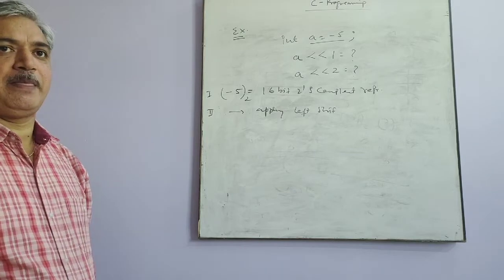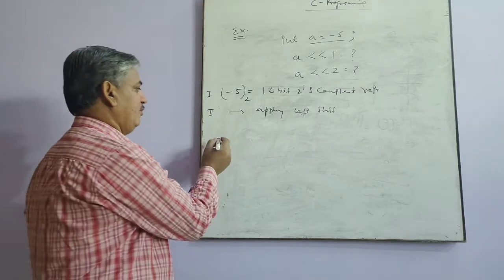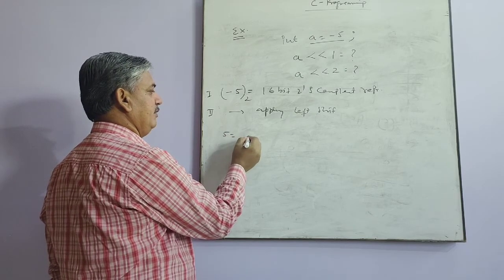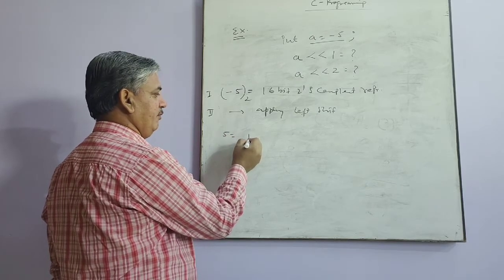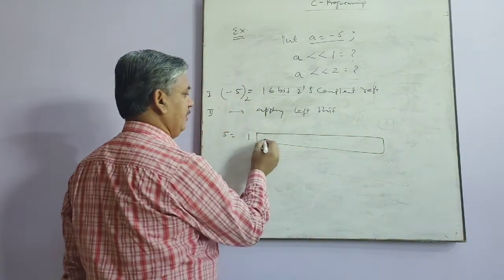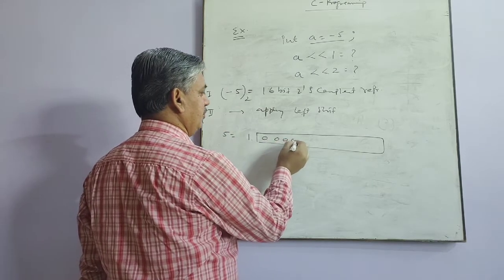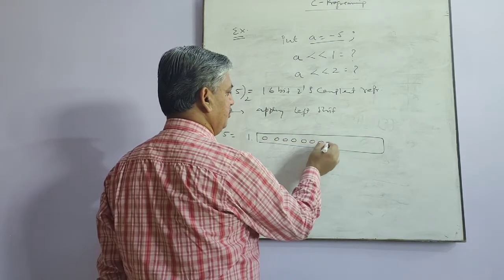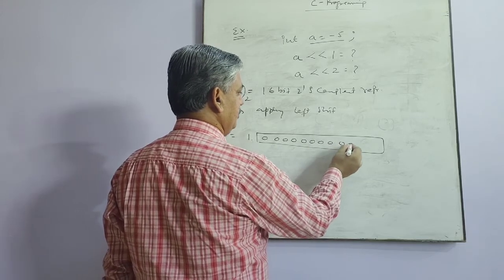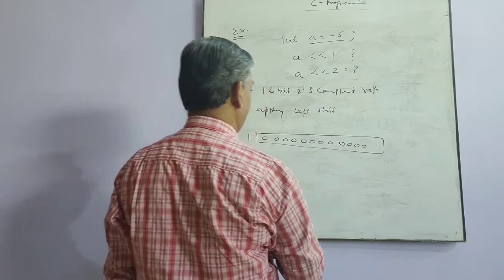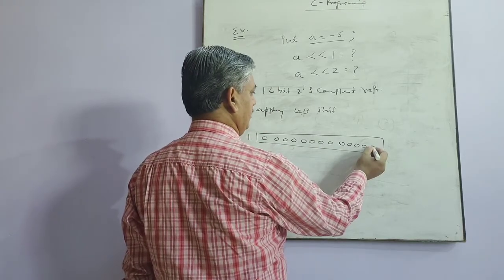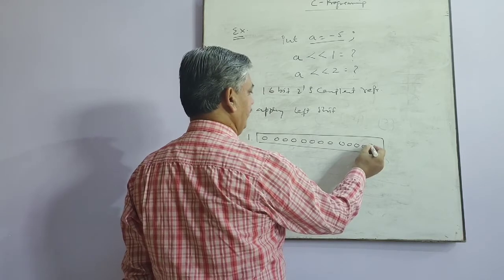Here 5 is 0 0 0 0 0 0 0 0 0 0 0 0 and 1 0 1.